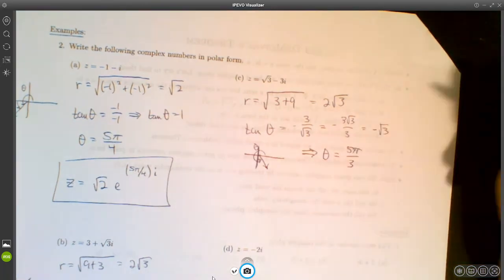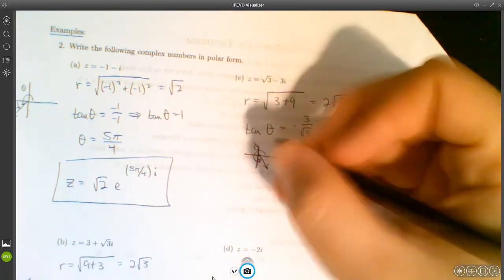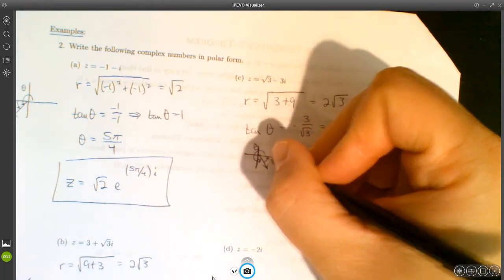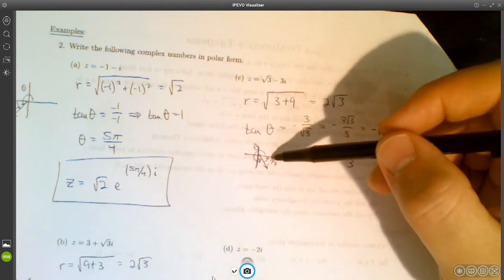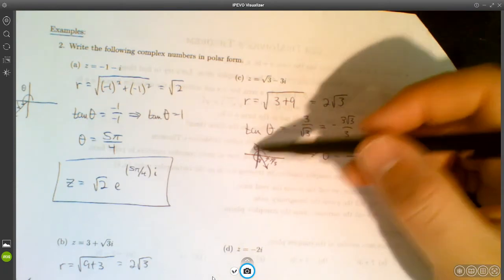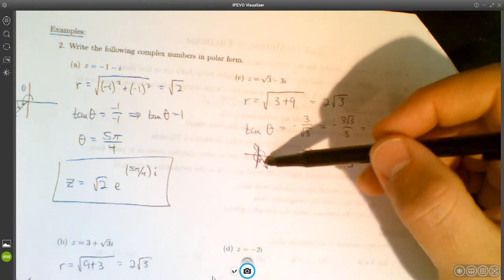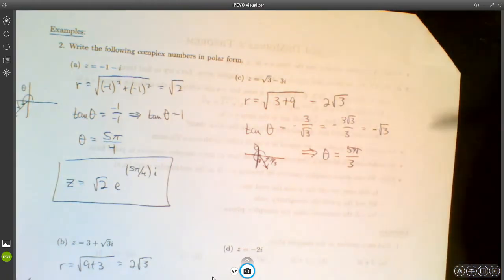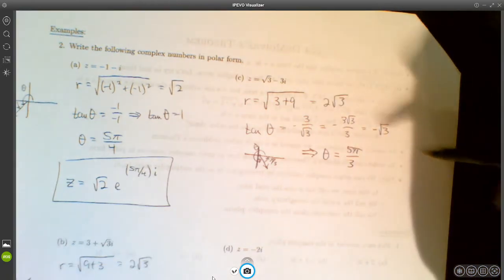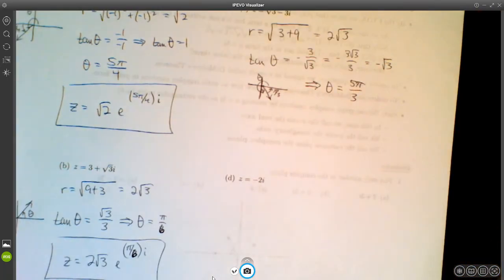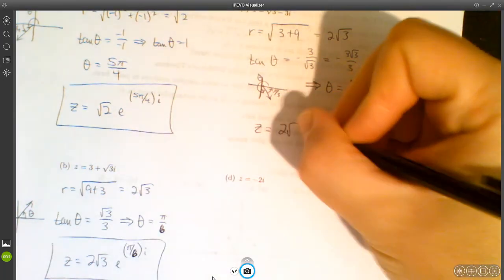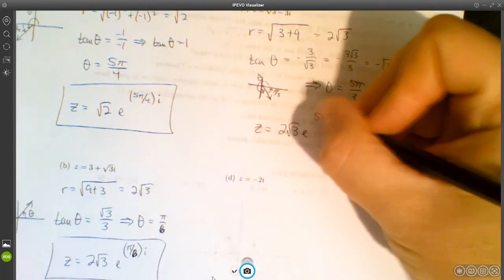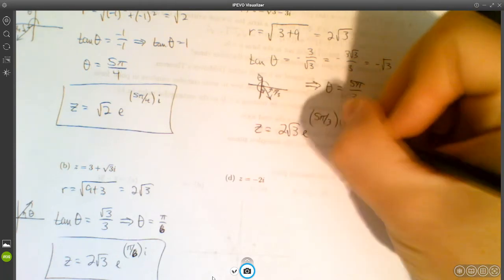So theta should be 5 pi over 3, right? It's got to have a reference angle of pi over 3. So this would be 2 pi minus pi over 3, right? So in other words, 5 pi over 3. Okay. E to the 5 pi over 3 i.